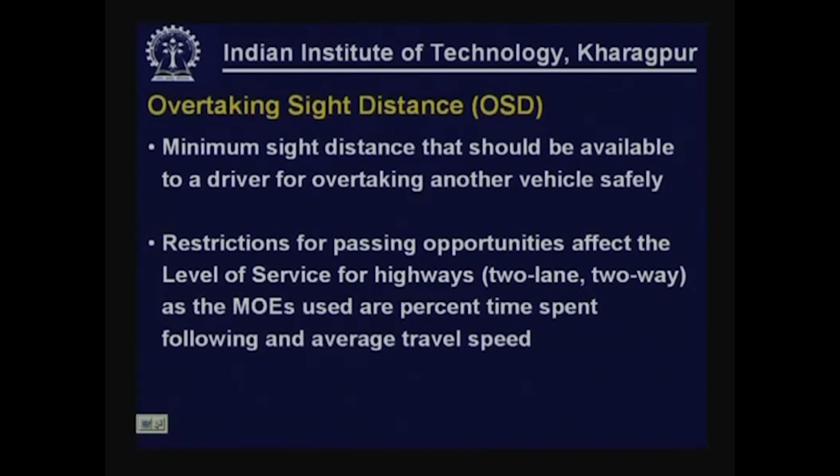It is worthwhile to mention that restrictions for passing opportunities affect the level of service for highways, particularly two-lane, two-way roads, as the measures of effectiveness for defining level of service for such facilities include percent time spent following and average travel speed.